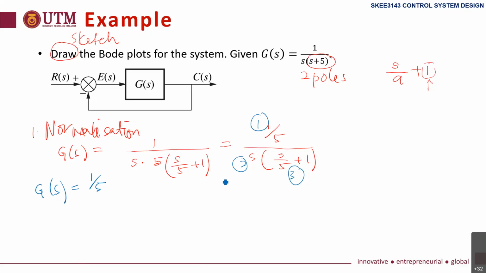If you check G(s) equal to K in your notes, first the magnitude is 20 log of 1 over 5. 20 log K in dB, magnitude in dB.